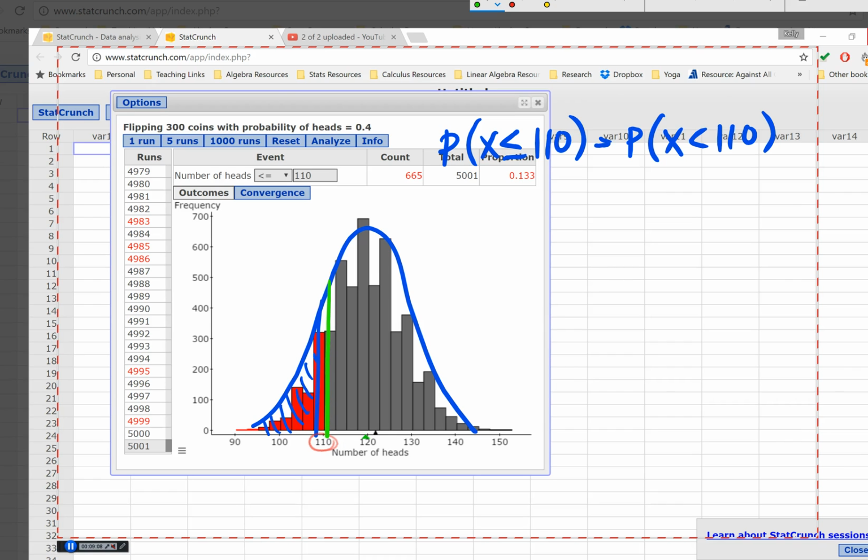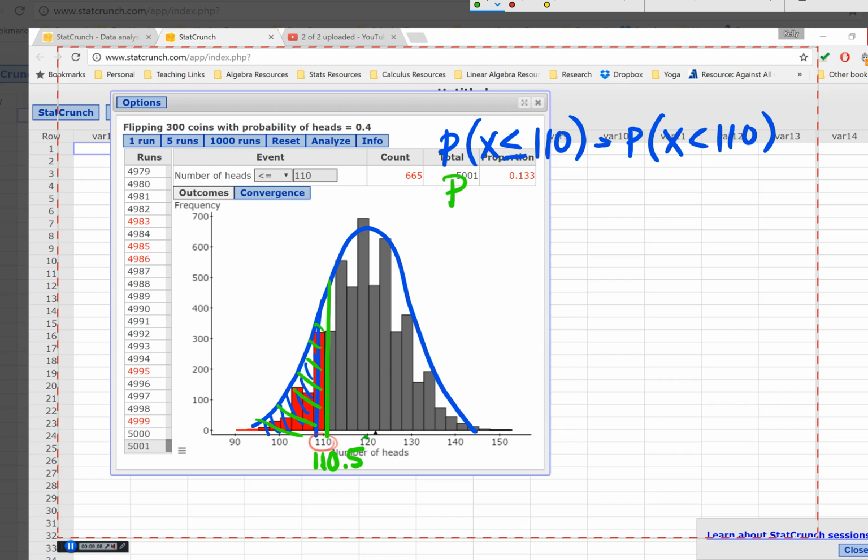In fact, let me come right between 110 and the next number of 111. Let me come to 110.5. And that way, when I do what's to the left of 110.5, I'm going to make sure I include all of 110 by including that half. So that's what we do in order to do the continuity correction: you just look at our drawing and say, okay, if I want to include 110, I need to go to 110.5.